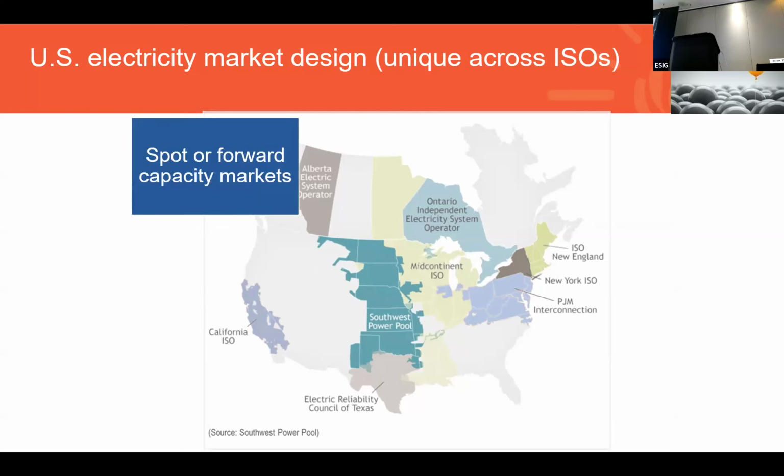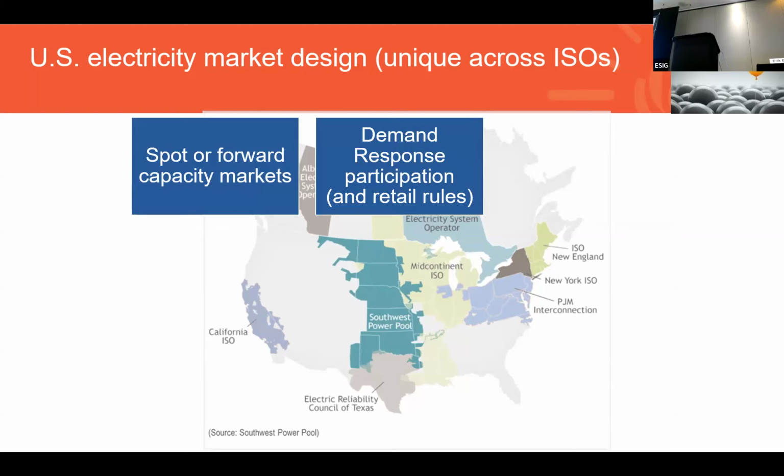Whether they have capacity markets, whether those capacity markets are short-term, a few months ahead or a few years ahead, or whether they have them at all. Demand response participation differs quite a bit by each region. Different states may have different retail rules, as we talked about before, whether the state opts out of having third-party demand response.